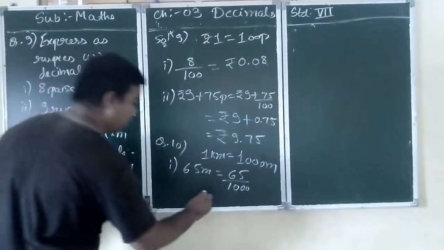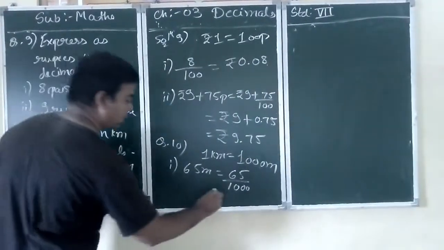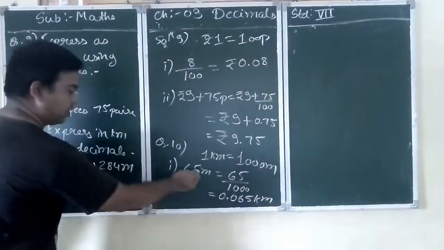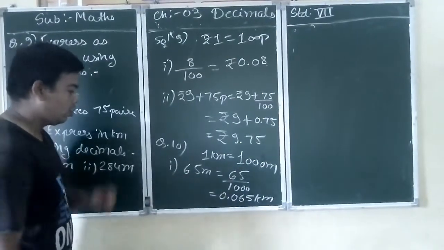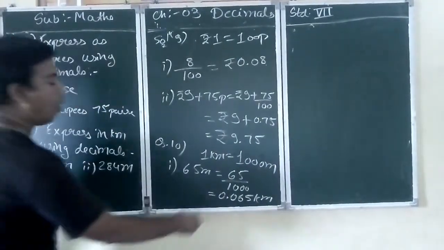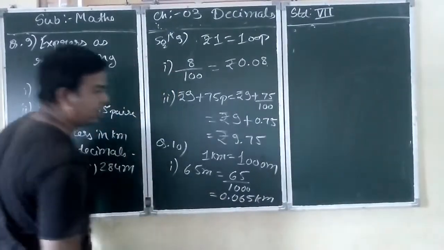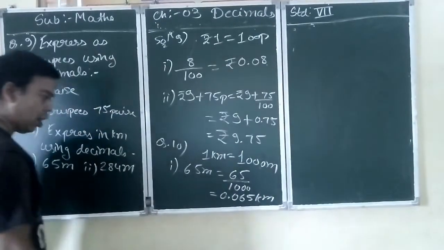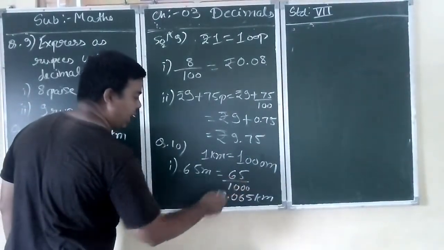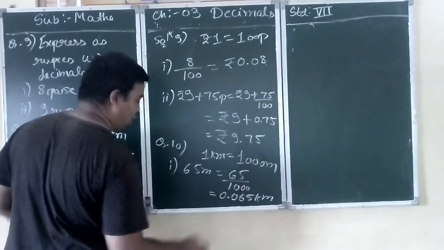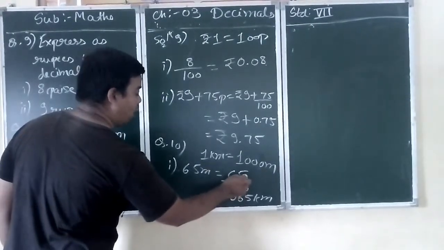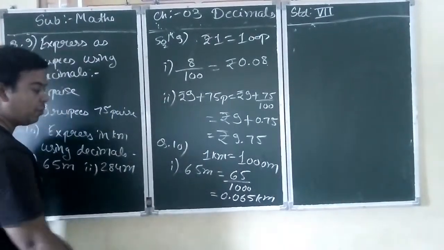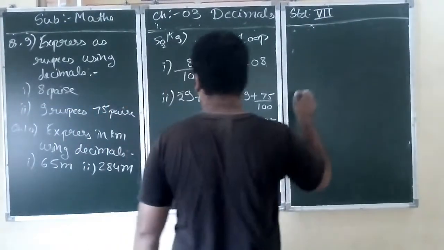The answer is 0.065 kilometer. Thousands means 3 decimal places. We count from the last digit, and 65 has only 2 digits, so we put a 0. So 0.065 kilometer.